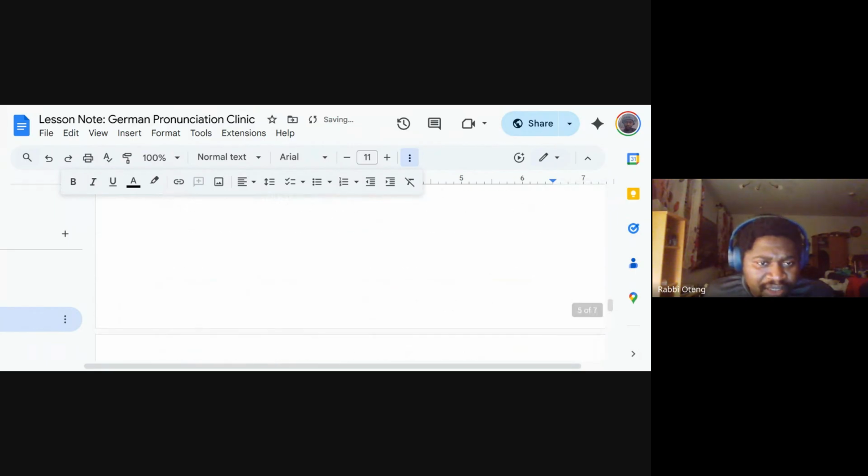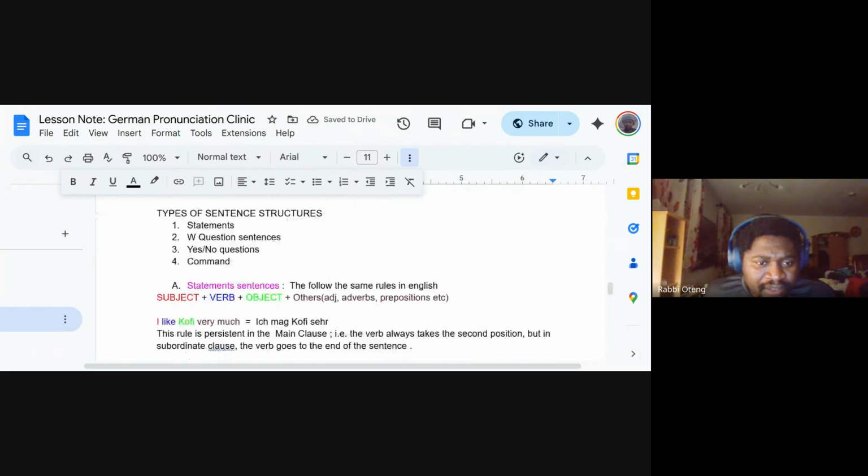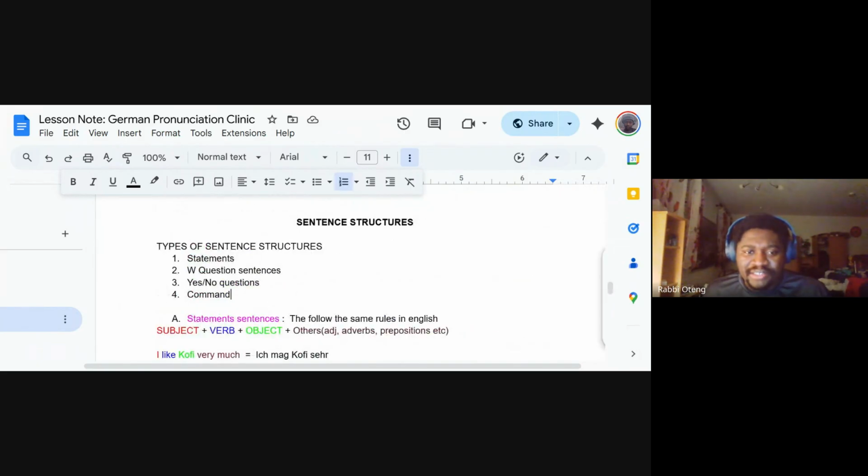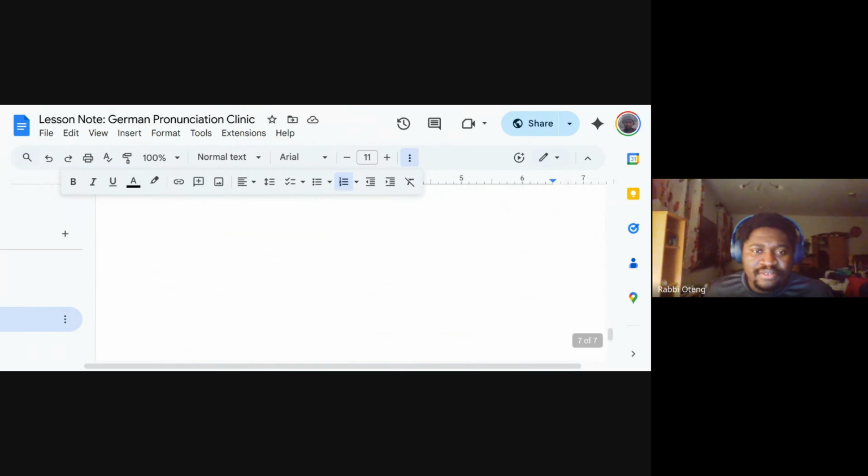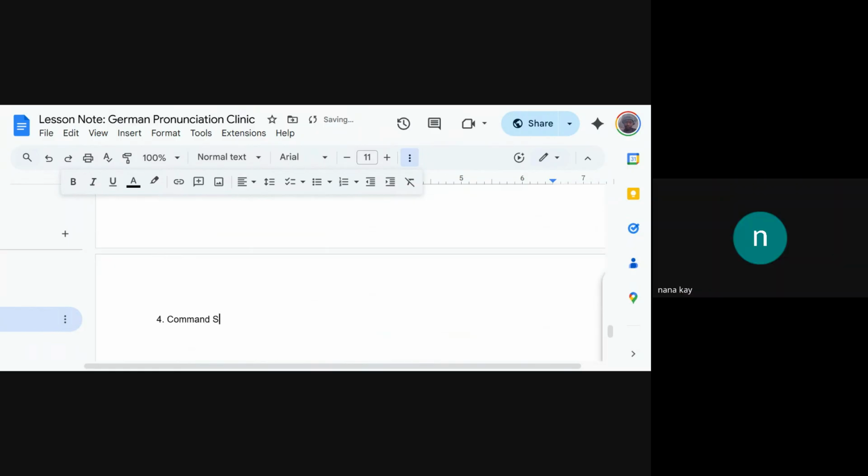Did I say the fourth one is command? Yeah, command sentences. So the fourth structure is command sentences. So what's another name for command sentences in German? We've done this. Imperative.